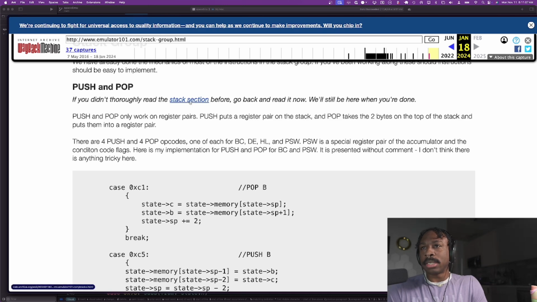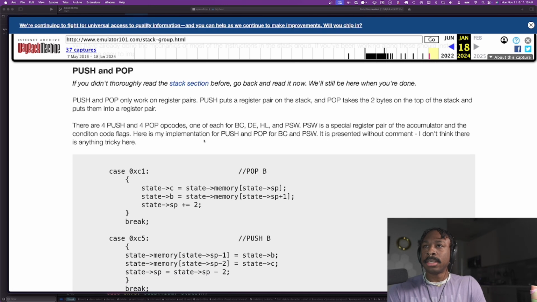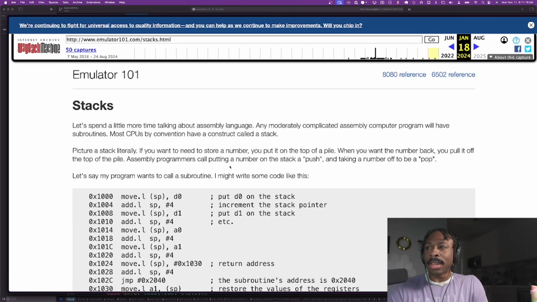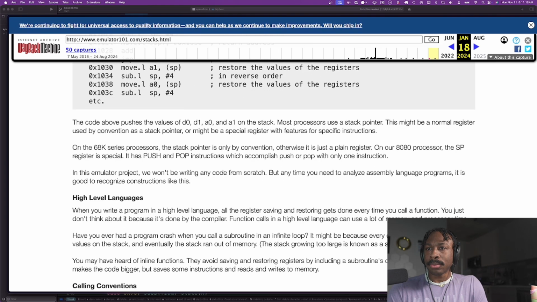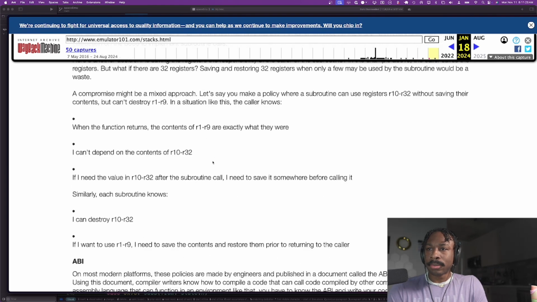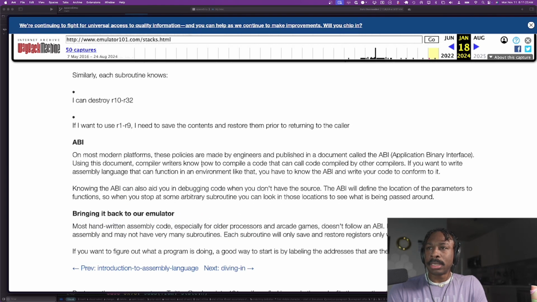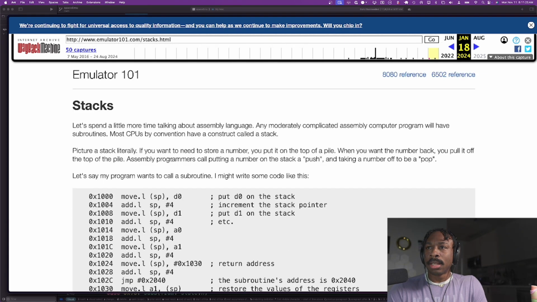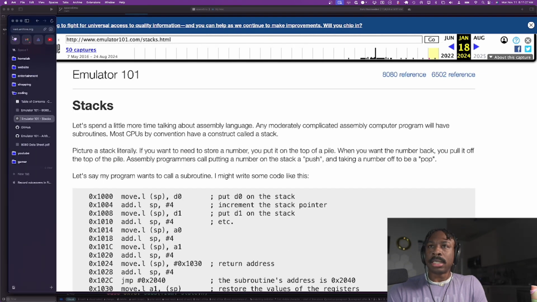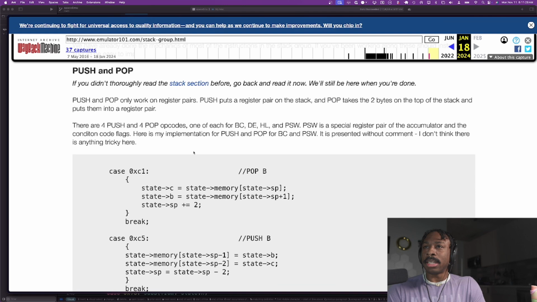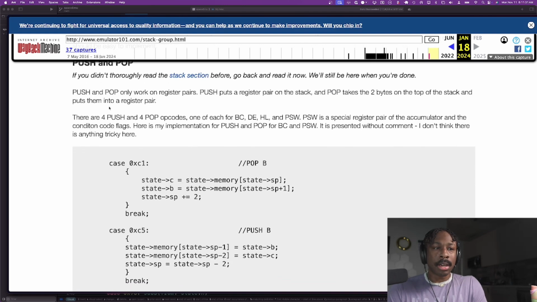Go back and read the stack section. I don't need to read it, I know what a stack is. Let's actually look just to be sure. I don't want to read all this. I'll be fine. Watch, I won't be fine. All right. Anyway, so let's take a look.